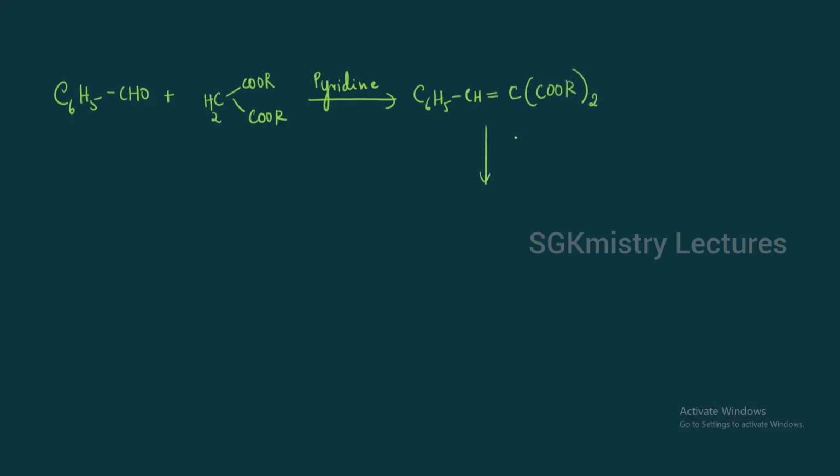Now this, on acidification, that is H2O, H plus, and the second step, heat and removal of carbon dioxide, you're going to get C6H5 CH double bond CH COOH, which is nothing but cinnamic acid. Let us look into the mechanism of this reaction.